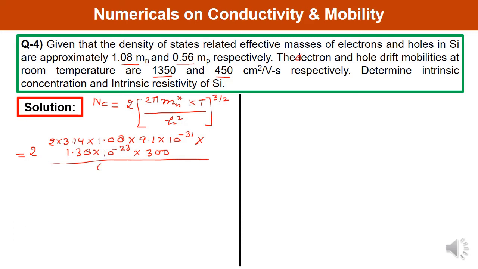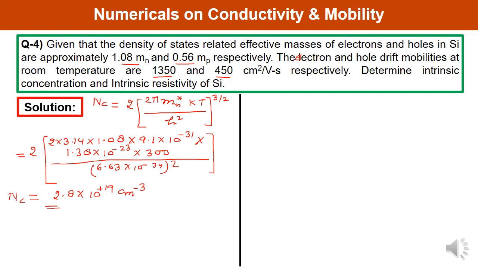The value of h is 6.63 into 10 raised to the power minus 34, and its square. The whole calculation needs to be done carefully and you will get 2.8 into 10 raised to the power 19 per centimeter cube. This is the value of Nc.